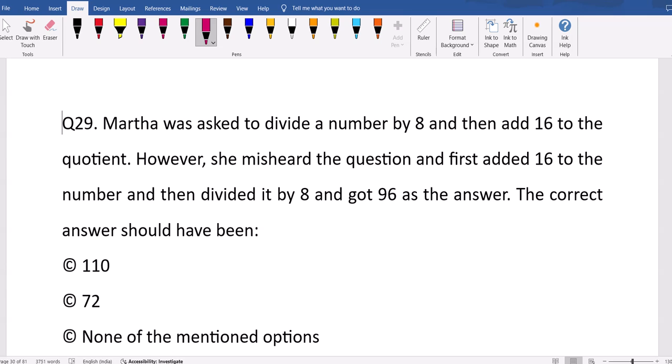So she took a wrong calculation. She took a number, added 16 and then divided by 8, and got the answer as 96.